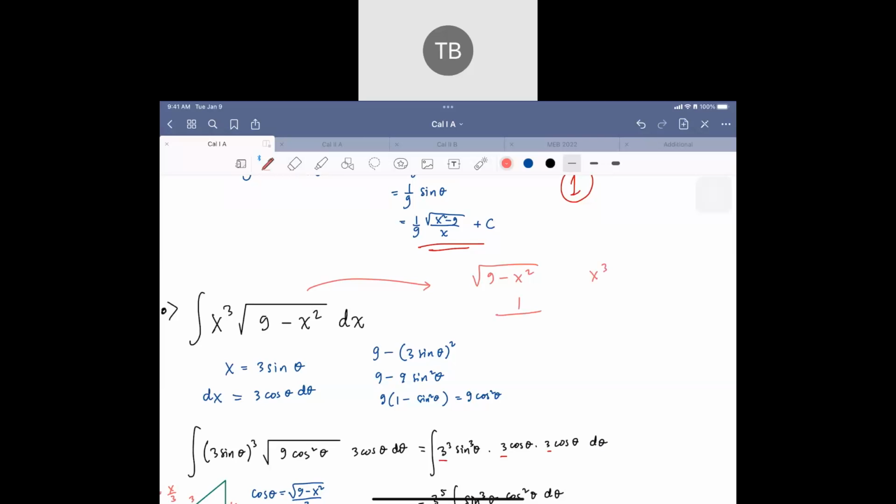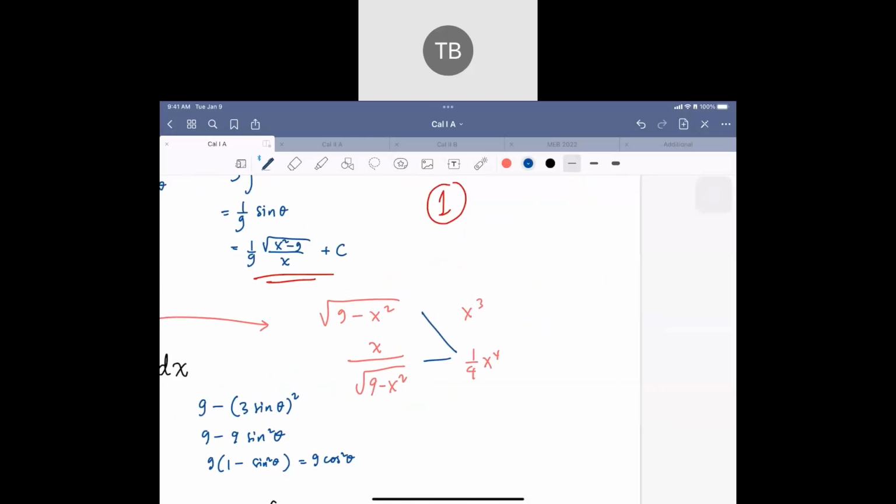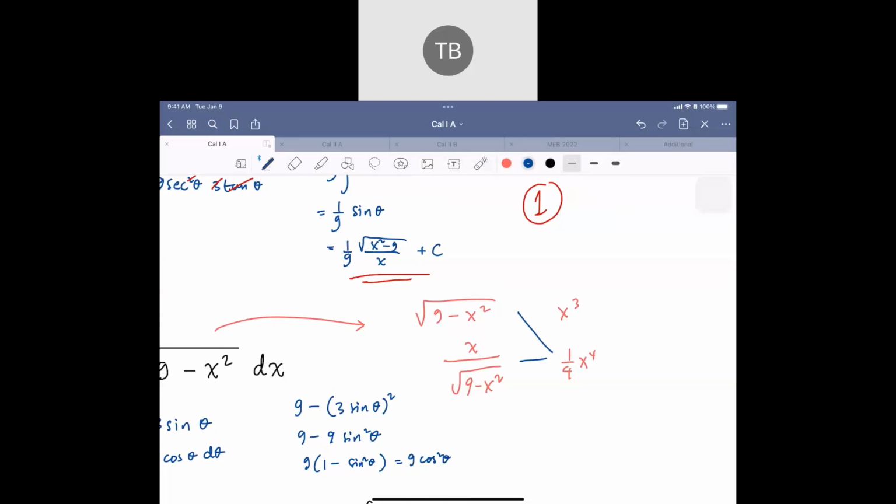If you differentiate, it becomes... Yeah, I think it's becoming more ugly.